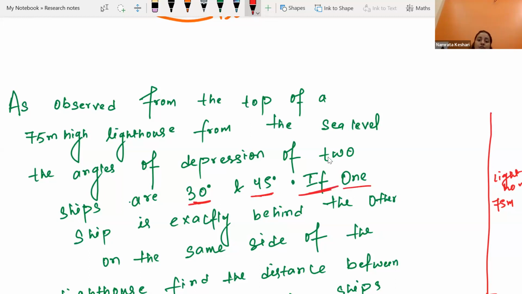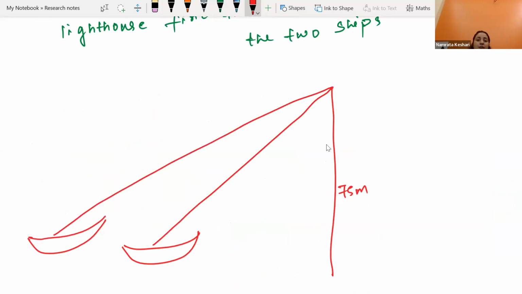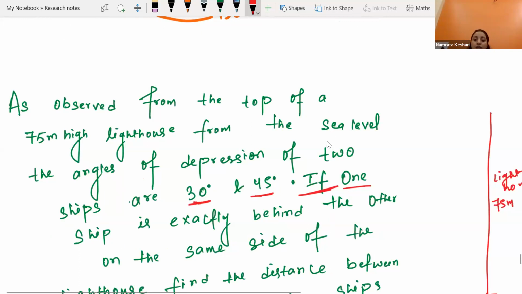If one ship is exactly behind the other on the same side of the lighthouse, there are two ships, one behind the other one. The angle of depression of this ship and of this ship is given as 30° and 45°.